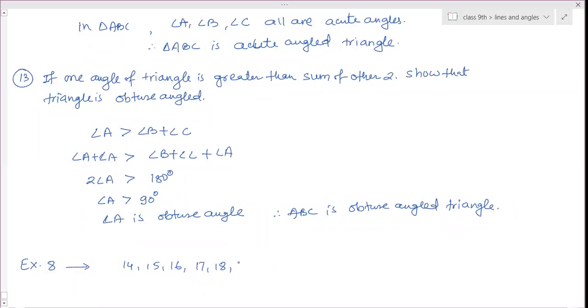Try. But I think I need to solve that. 20, no. 23, 24, 25, 26, 27, 28, and 29.